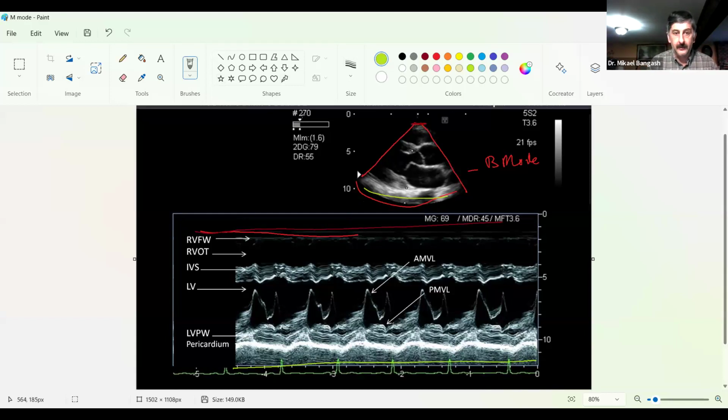Clear. We can even see the depths. This depth equals this depth. This depth equals this depth. And this depth equals this depth. Did you guys get that?